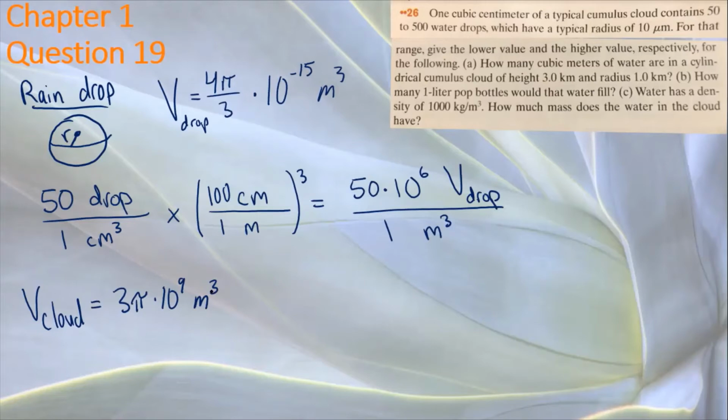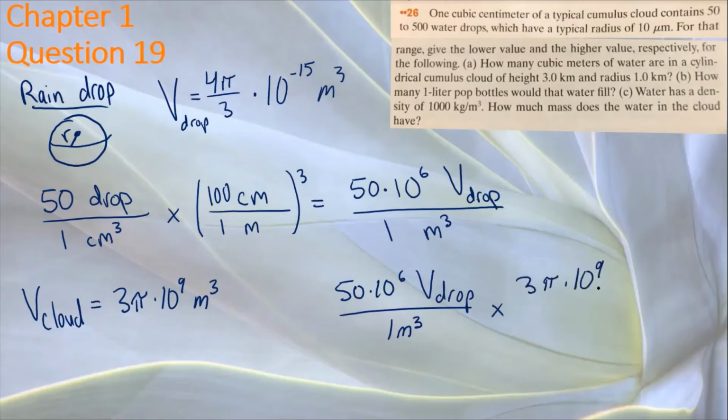So we can do this by saying 50 times 10 to the 6th drops over 1 meter cubed times 3 pi times 10 to the 9 meters cubed. And so we can see that the units of meters cubed will cancel each other out.